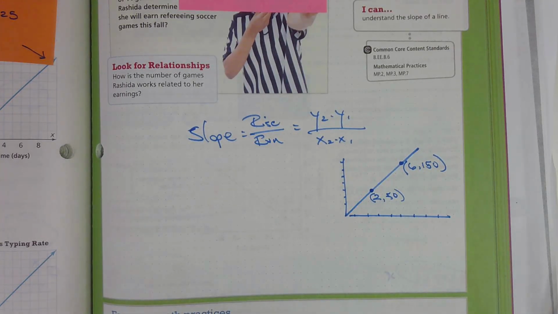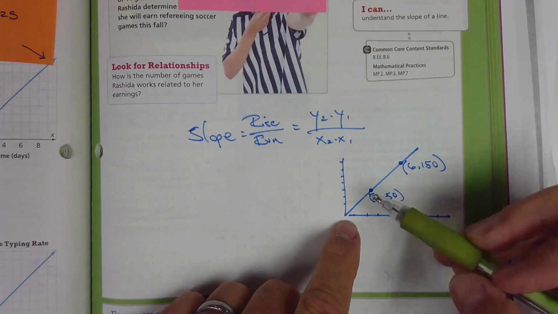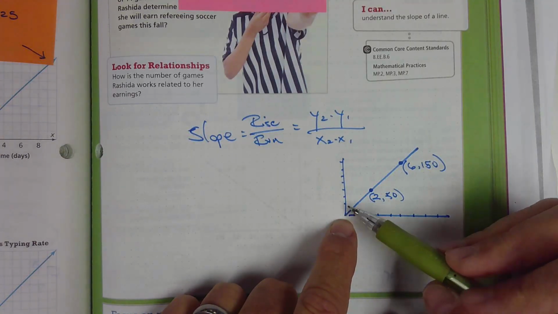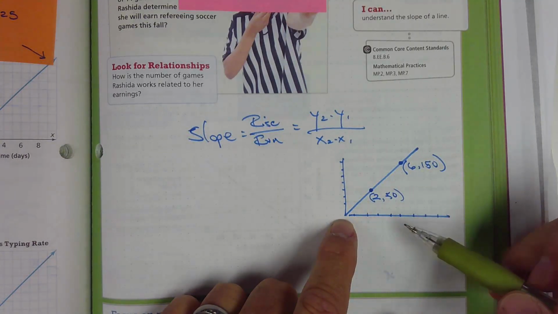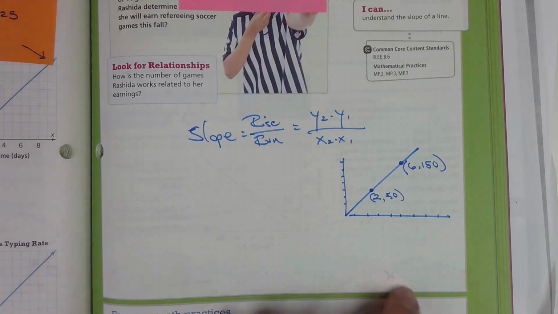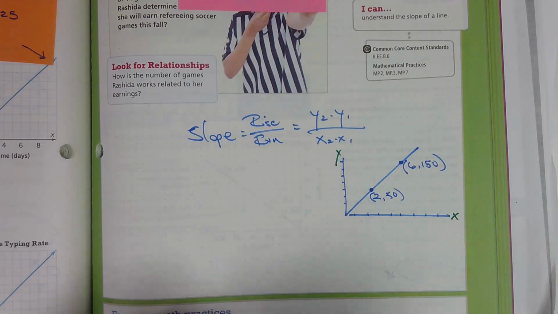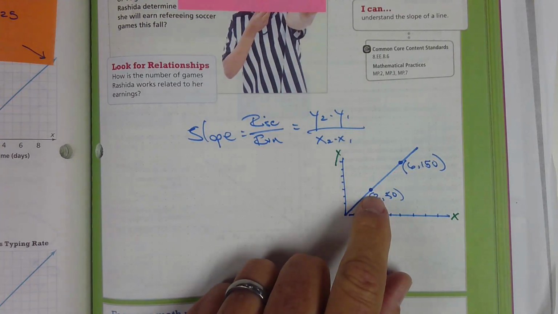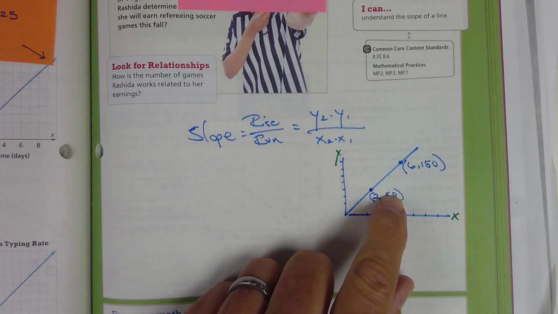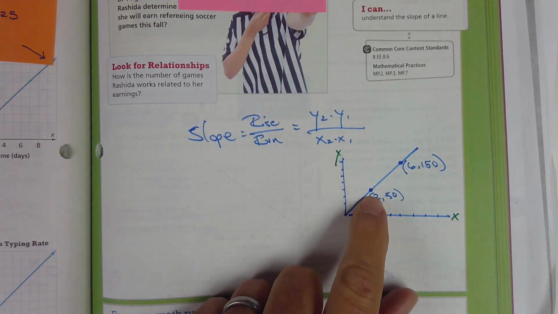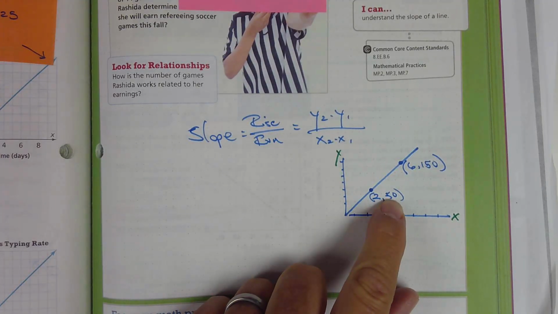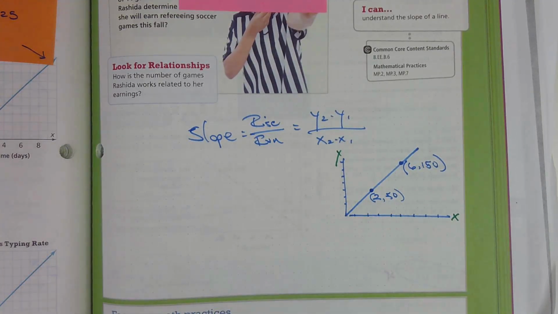So here's a line, and it's going through the origin. I didn't bother to label the x and the y axis. You guys should know what those are. This is the x-axis, and this is the y-axis. And so I just put 2 points right here, and this point is 2, 50.